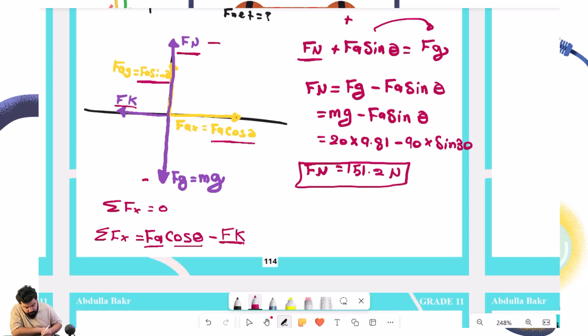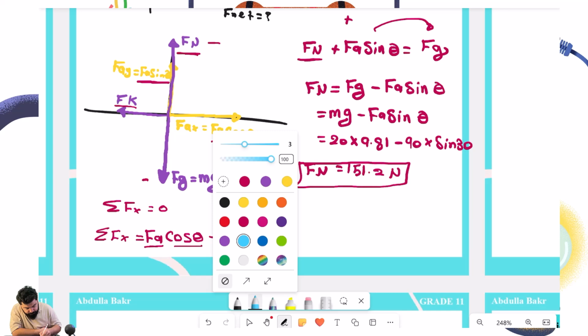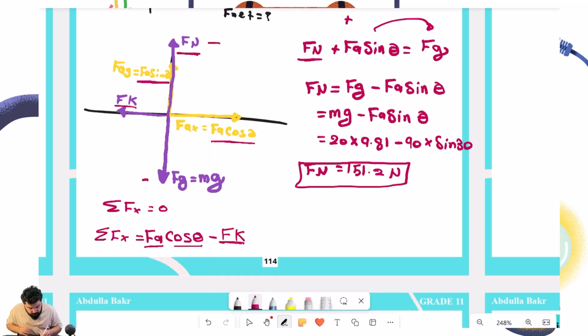So if we continue writing this, we're going to have Fa, which is 90, multiplied by cosine of 30 minus Fk. I don't have Fk, so what should I do?